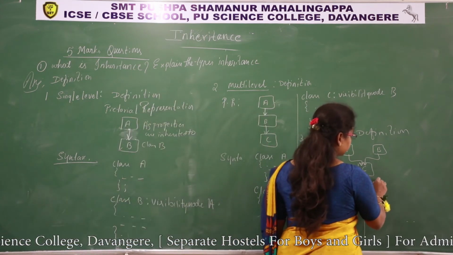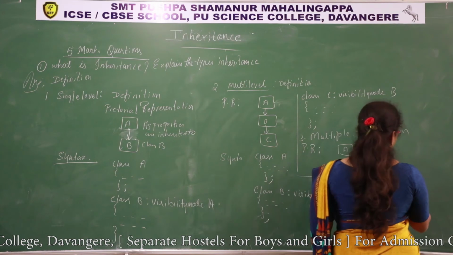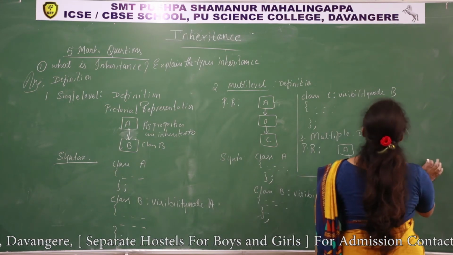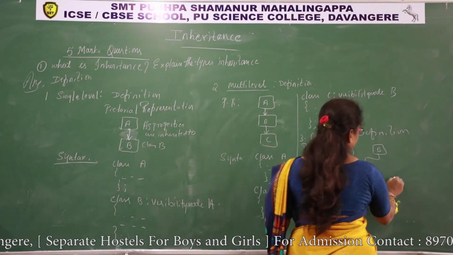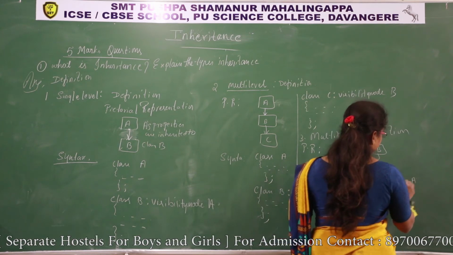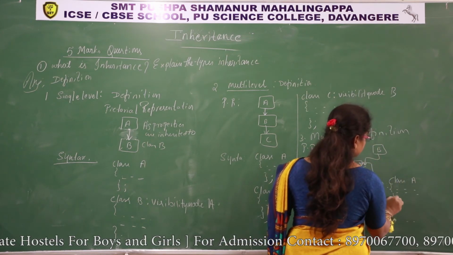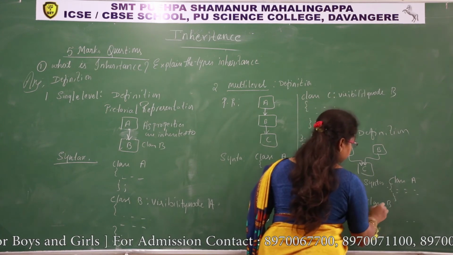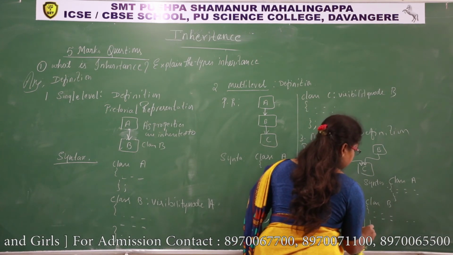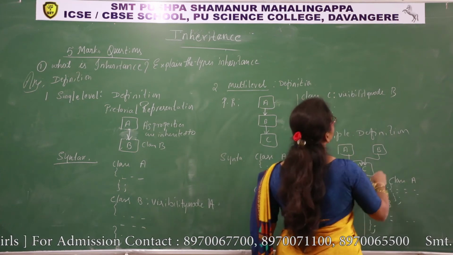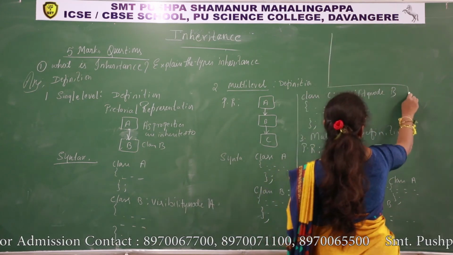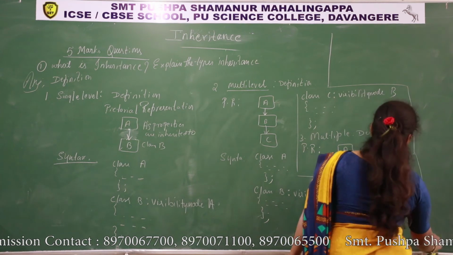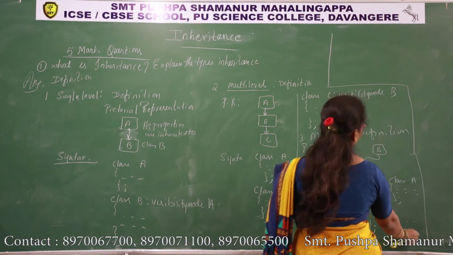Syntax. Class A. Okay. And one more class, class B. Semicolon. Now I write here the continuation part.